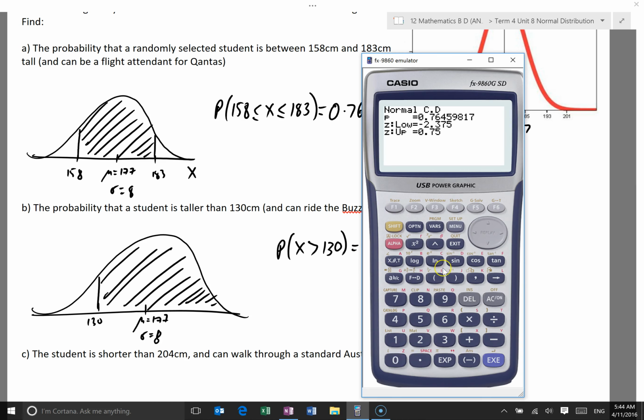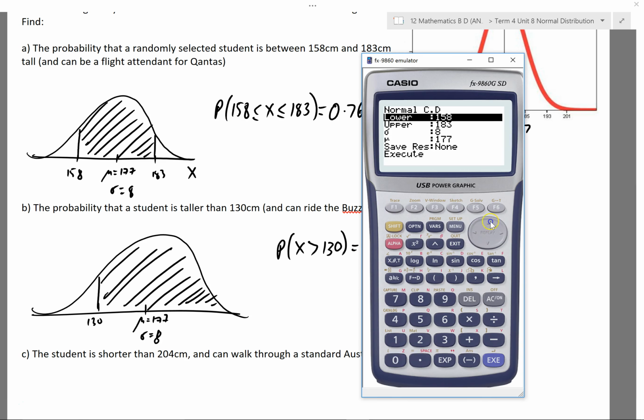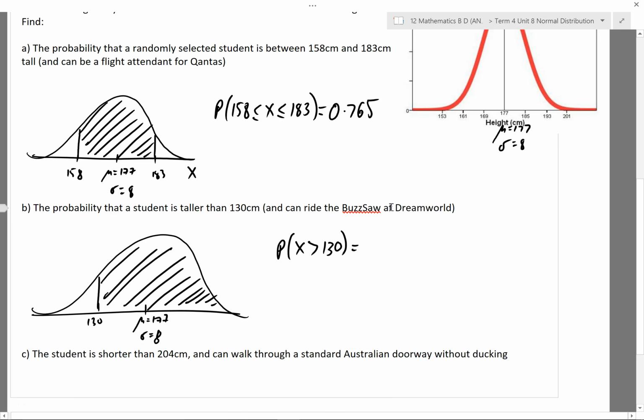So I'll go into my calculator. In this instance, I want from 130 to infinity, so a big number. Execute on that, 0.99999, yep, essentially everyone.